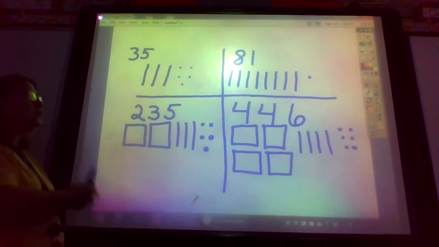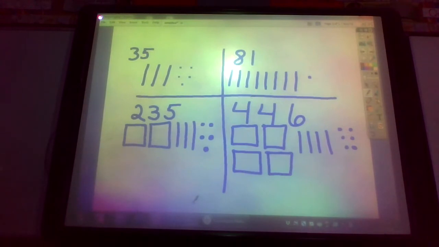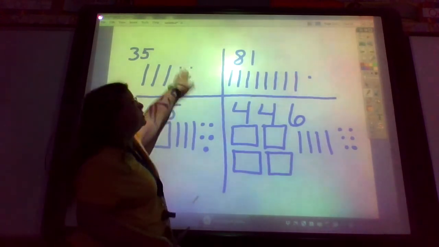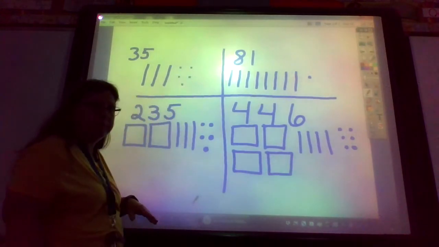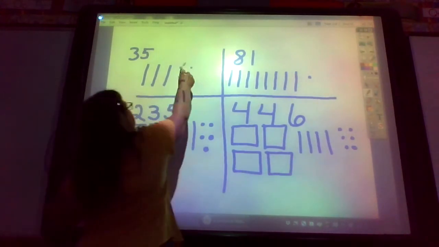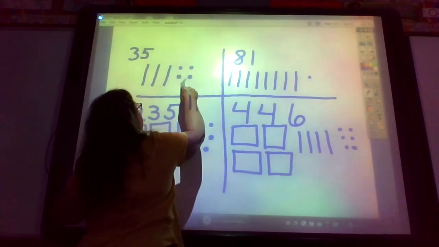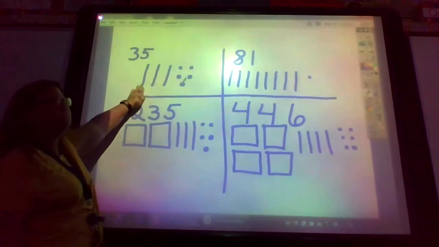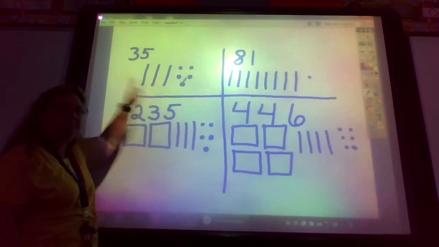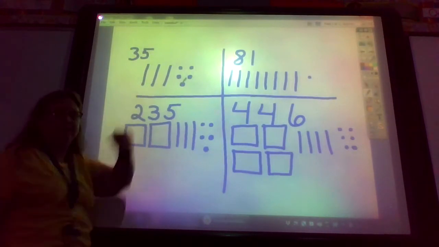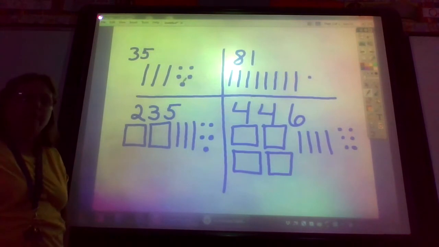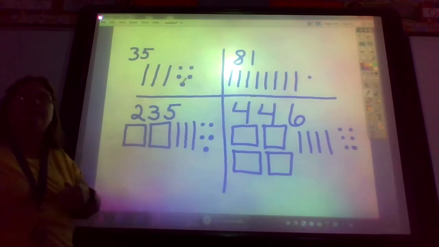Now, if you paid attention when I drew my quick draws, I didn't start with my ones, did I? No. I'm going to make these ones just a little bit bigger so you can see them a little better. I started here with my 10s. In 35, my 10s is the biggest number. 30 is bigger than 5.